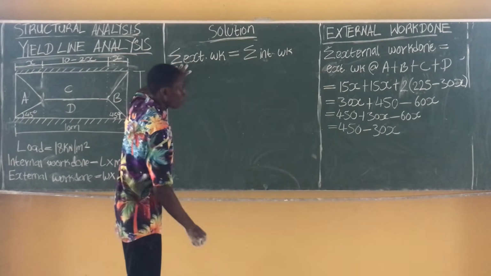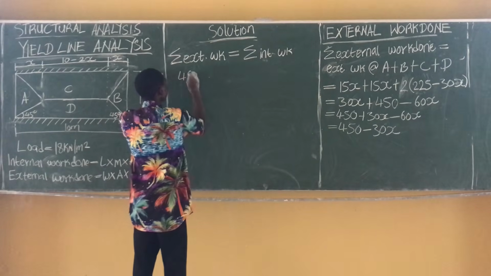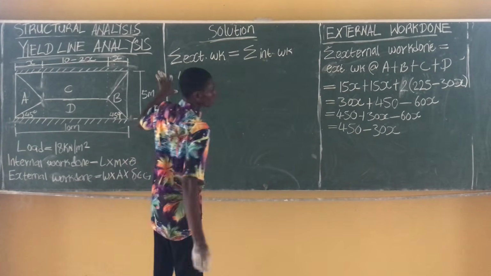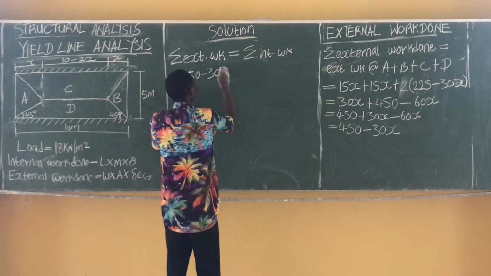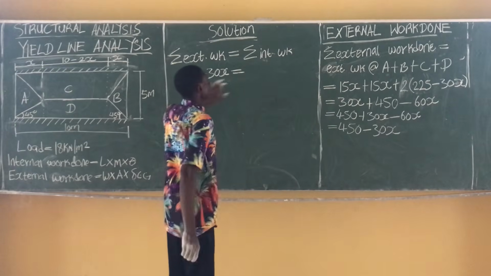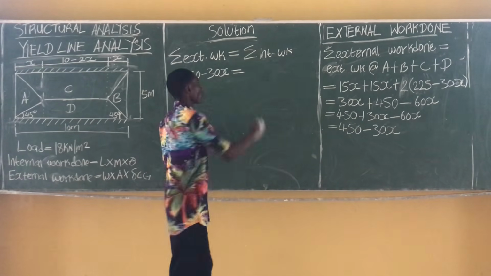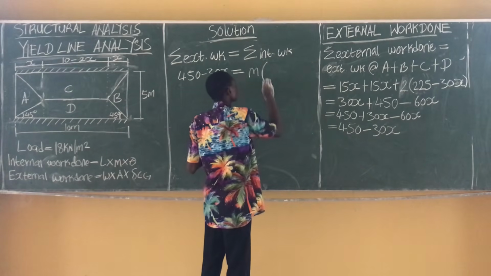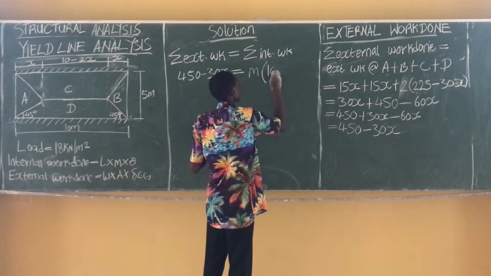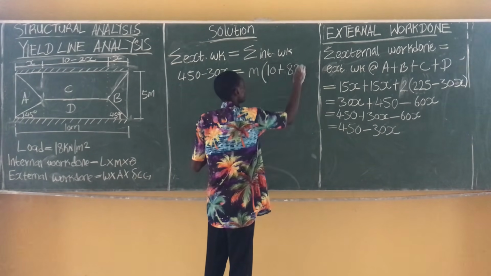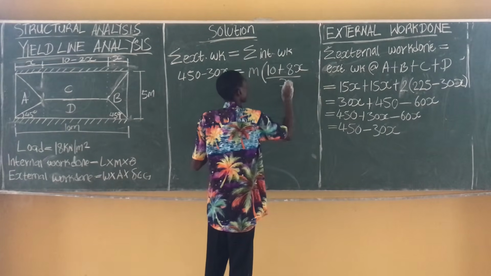What is our external work done? 450 minus 30x is equal to what was the summation of our internal work done? It was M into (10 + 8x) all over x.